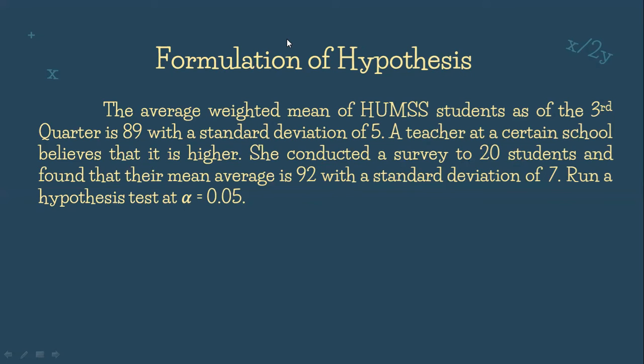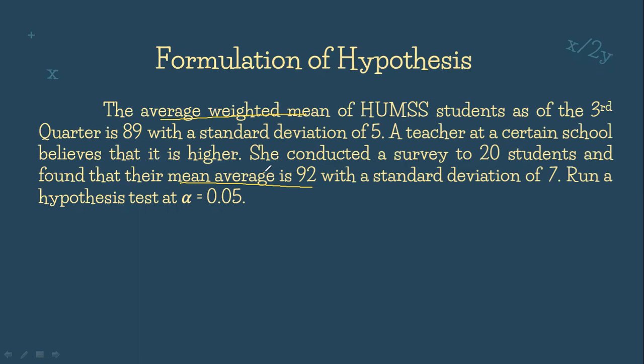So again, hanapin po natin yung merong mean. Opo, so we have our average. So meron po tayong weighted average mean. So meron din po tayo dito na nakita na mean average uli of 92. Pero alin po dito sa dalawang to yung kukunin natin? So sabi po natin, dapat taken from the population.